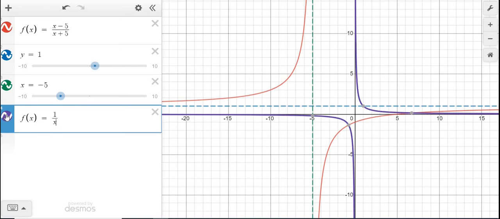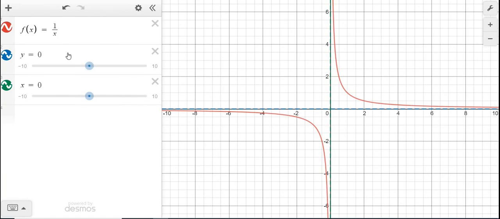Now, in other words, what we can say is that this function, which turned out to be negative 10 over x plus 1, is just a series of transformations of this parent function f of x equals 1 over x. So let's see the series of transformations that we can do to get the same function as x minus 5 over x plus 5.